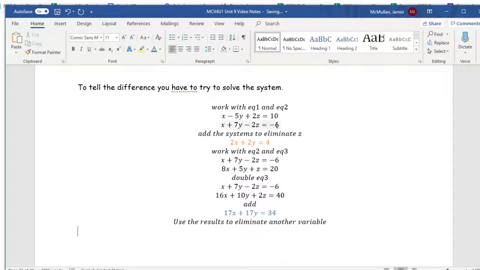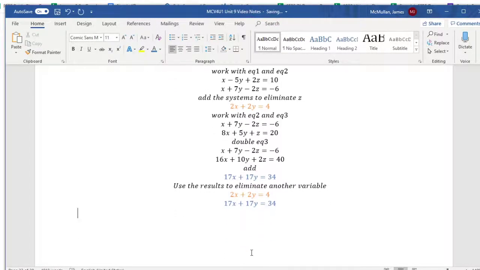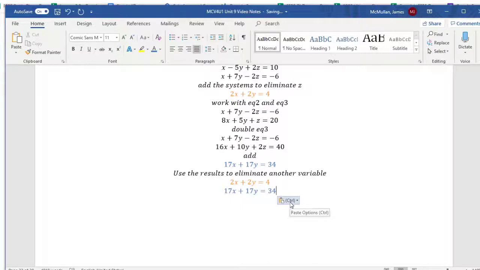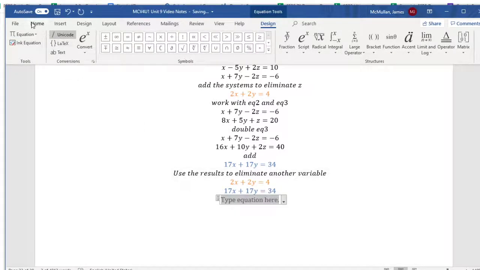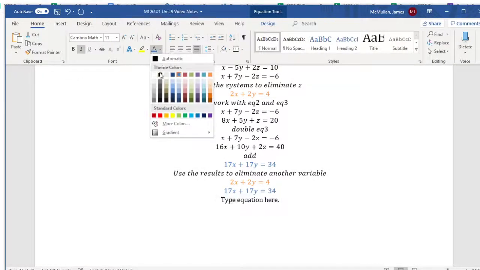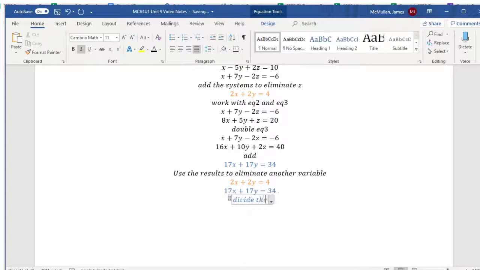So let's take our orange equation and our blue equation, and simplify them. I'm going to divide. You can multiply if you want, but I noticed that we can divide the first one by 2 and the second one by 17.